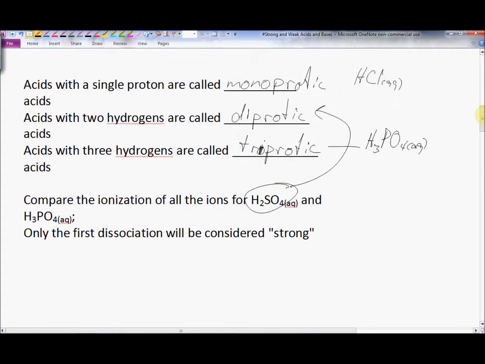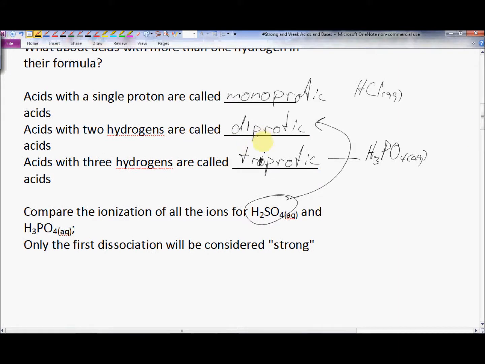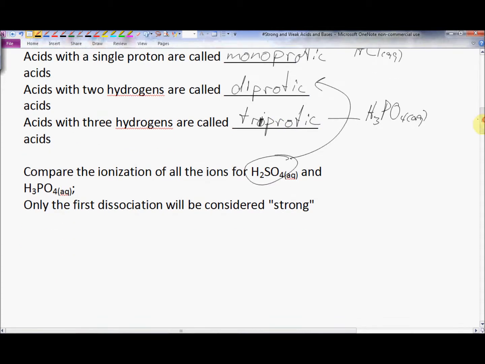Okay, and in the case of these acids, which have maybe 2 hydrogens or 3 hydrogens, the number of hydrogens is going to have an effect on the dissociation. So for example, sulfuric acid here, H2SO4.